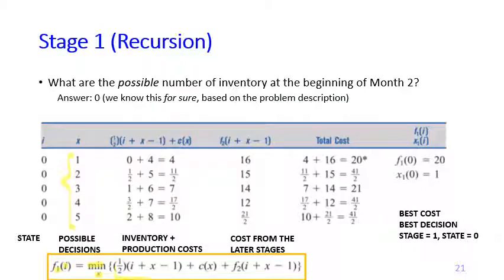Well, it consists of the inventory cost, production cost, and the cost from the later stages. The later stages is denoted by F2 because we are going to take the sum with F2, the cost from stage 2. And then here the state changes from I to become I plus x minus 1. I is our beginning inventory, plus x is how many we produce, minus 1 is the demand in month 1. In other words, this is the ending inventory of month 1 or the beginning inventory of month 2.